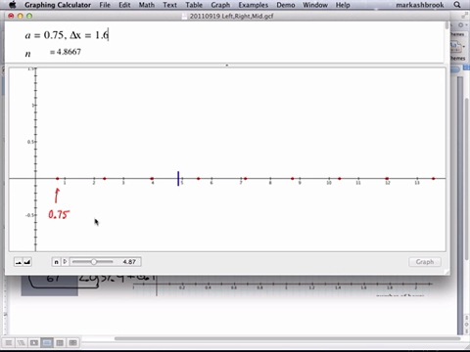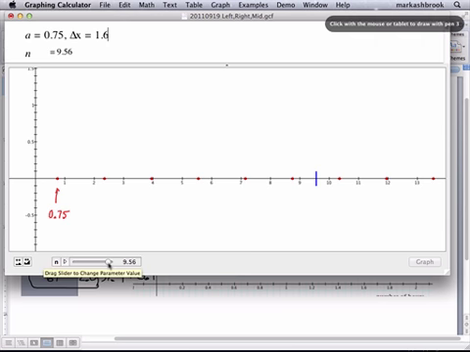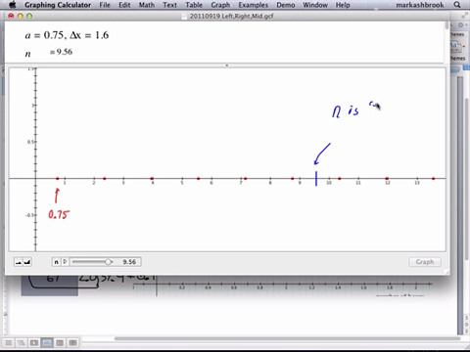Remember we talked about this idea of the current value of x. That's what n is, okay? So n is what we're going to call the current value of x.